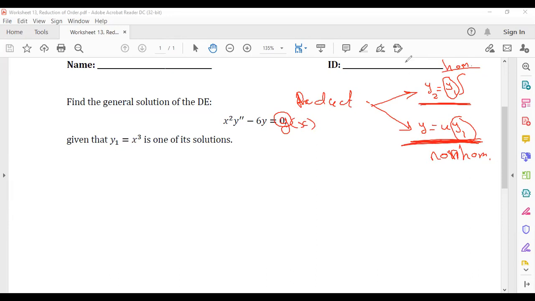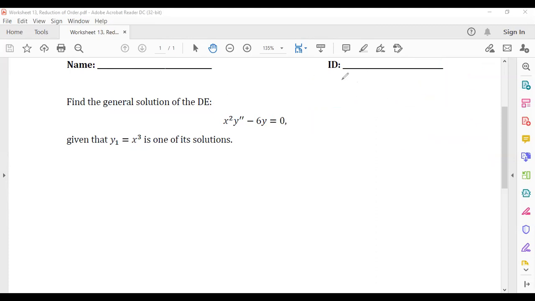Other students? Yes, Shannon. When our breakout room solved this question, we didn't add the C except in the very last solution, which is C1 y1 plus. We didn't have a problem with the constant.